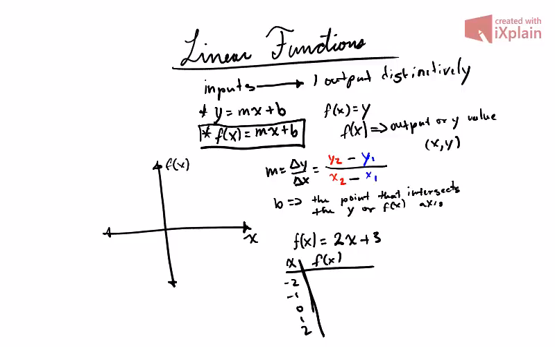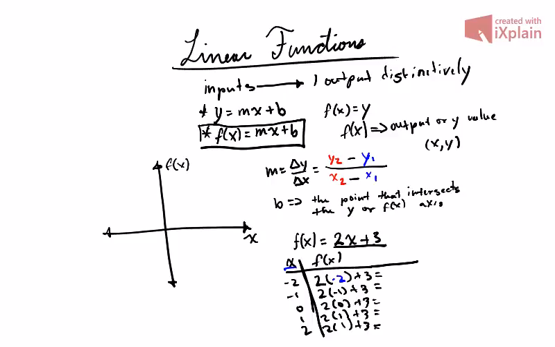Basically, what happens is you get 2 times, and we're going to use blue, the -2 value, the x value, and I'm going to add 3. And that's going to give me some value. I do the same thing for all the others. I'm literally taking my x values and substituting them in where I see x to find what y equals.